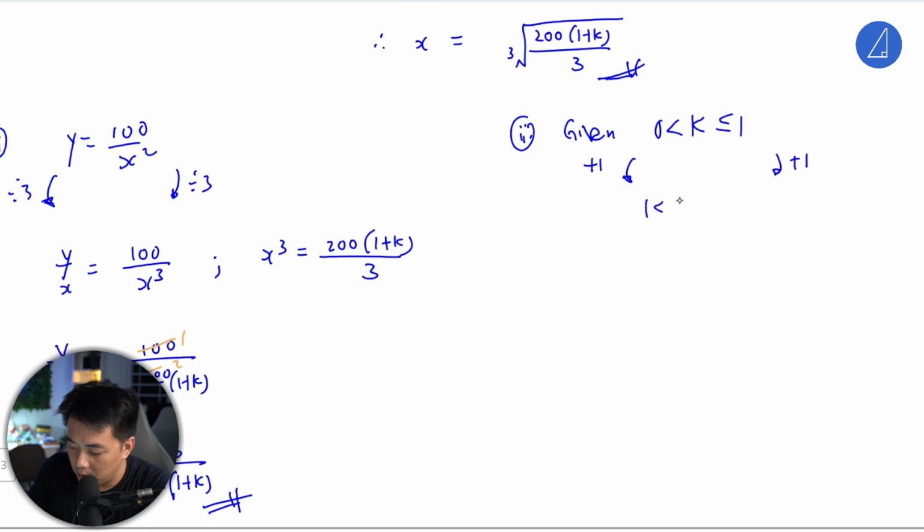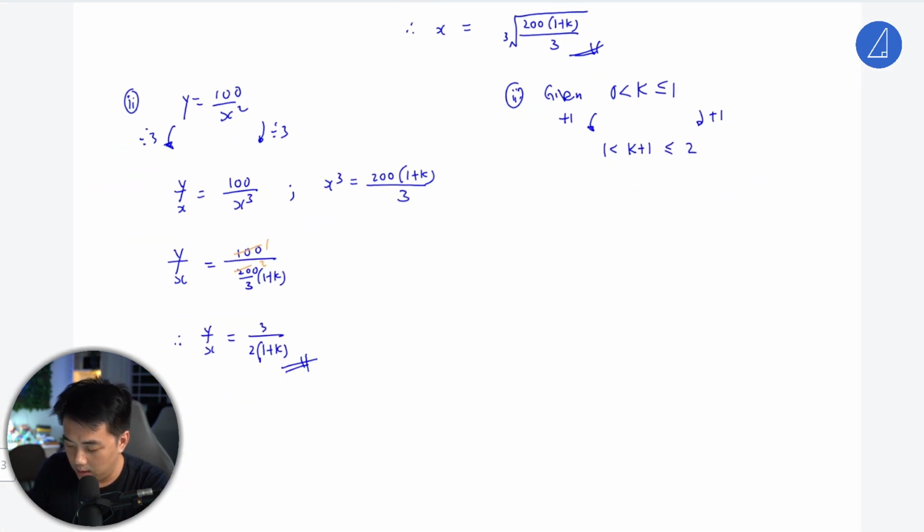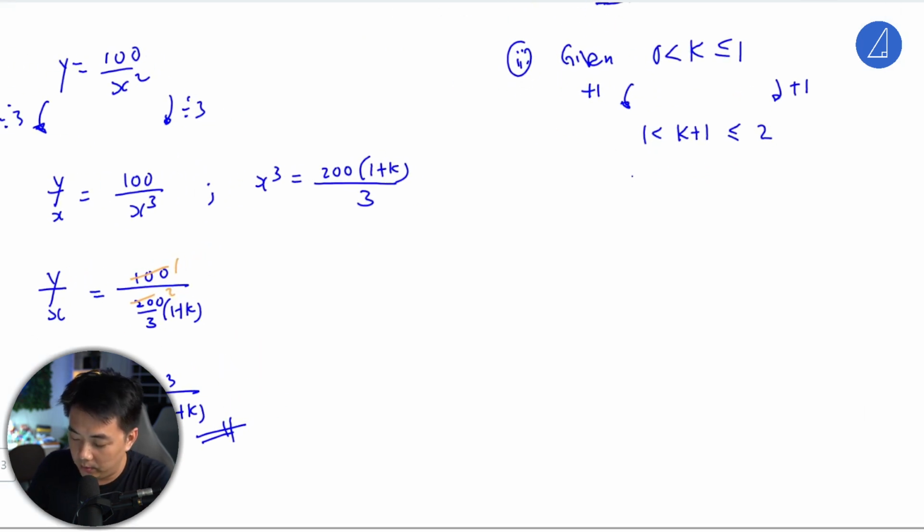Then there'll be 1, k plus 1, 2. Then you see that we need to take the reciprocal. So 1 over 1, 1 over k plus 1, 1 over 2. Then multiply by 3 over 2.